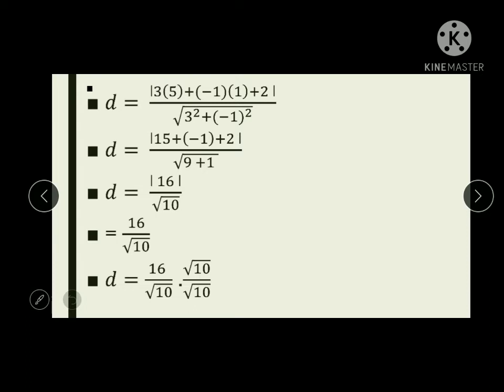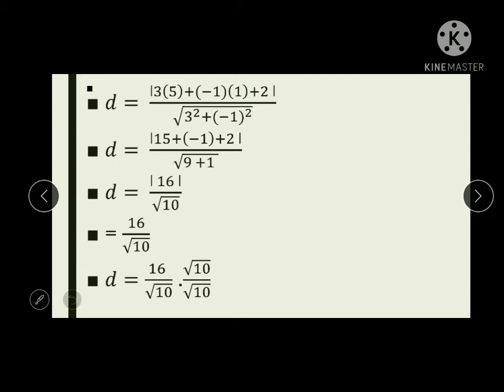D equals the absolute value of A is positive 3, x sub 0 is positive 5, plus B for negative 1, and y sub 0 is positive 1, and C for positive 2, all over square root of A squared, the value of 3 squared, plus B squared, the value of negative 1 squared. 3 times 5 equals 15 plus negative 1 plus 2 all over 3 squared for 9 and negative 1 squared for positive 1.